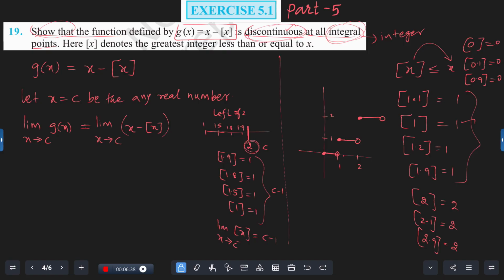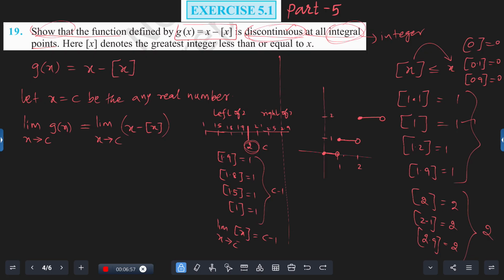In the same manner on the right side, if you go 2.1, 2.5, till 2.9, this is right of 2. Whatever number I take on the right side, I get the same number.